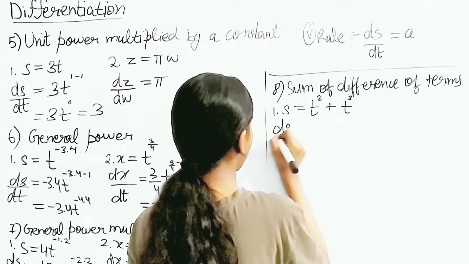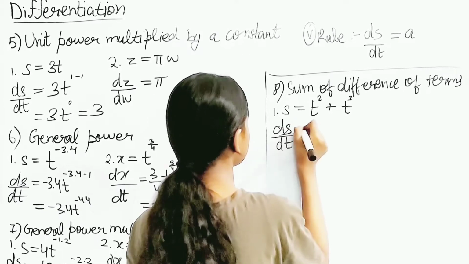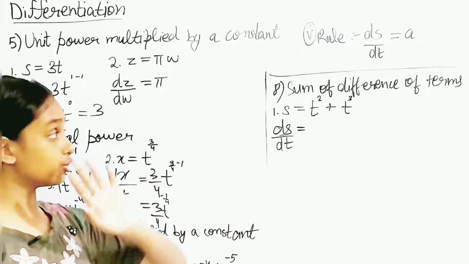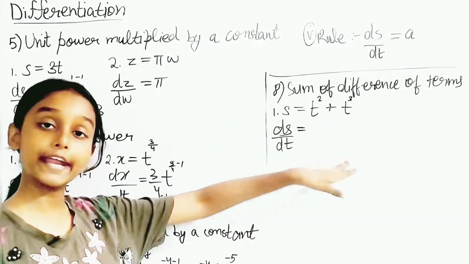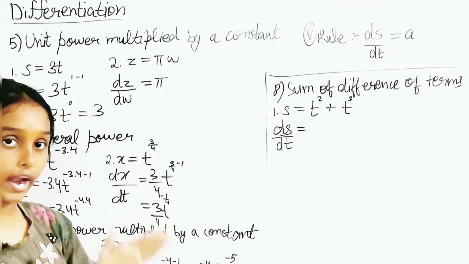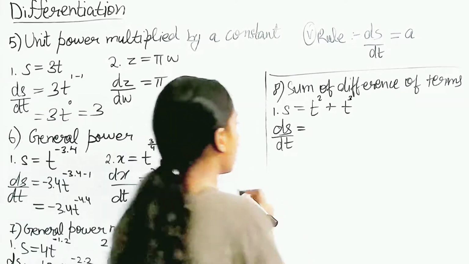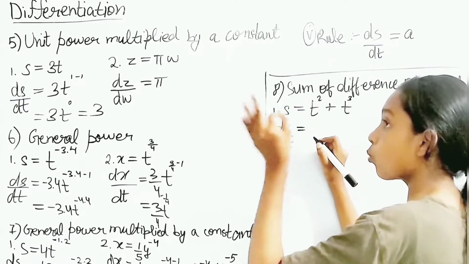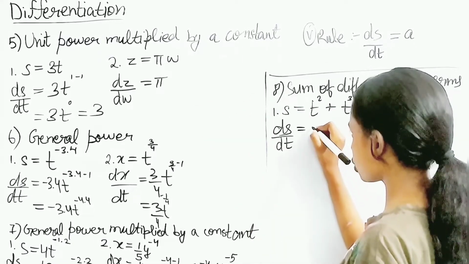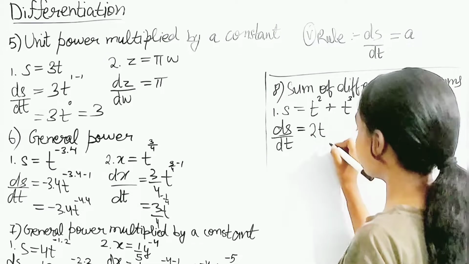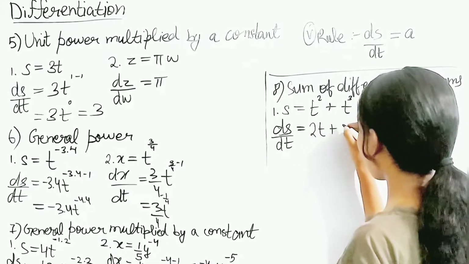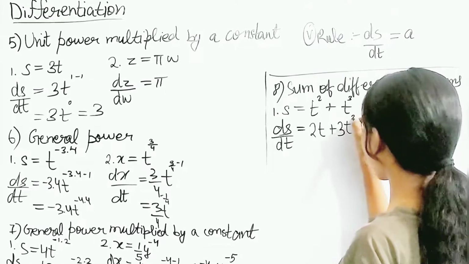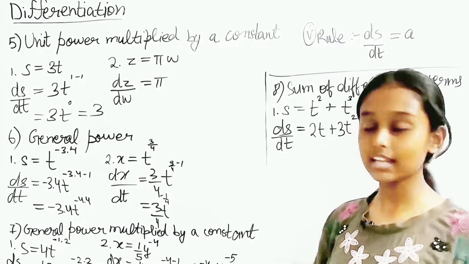So here ds by dt is equal to, okay, so we're going to solve it in a really easy way. t squared, which is going to be 2t to the power 1. So it's going to be 2t plus 3t squared, right?